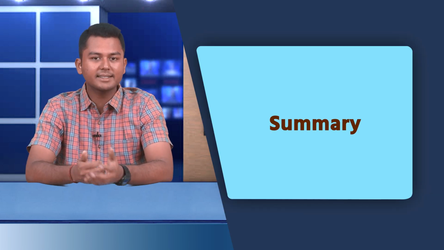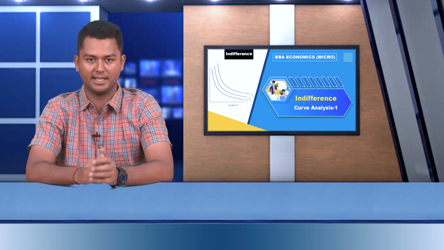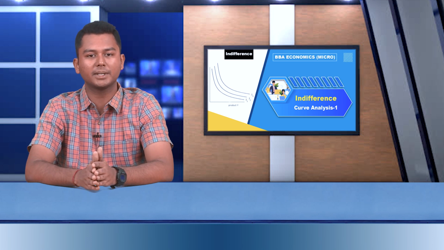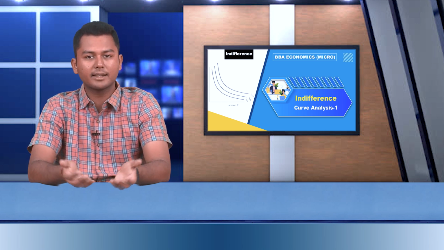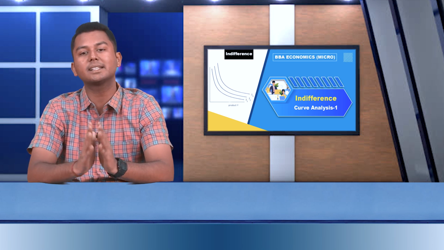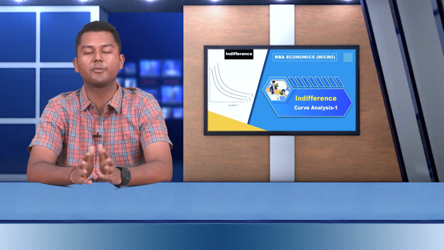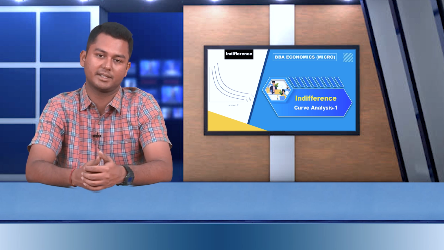Now, if we summarize the session, then indifference curve analysis part 1 that we have seen introduces students to fundamental concepts of ordinal utility, consumer preferences analysis, and other aspects related to it. The ordinal approach represents a major advancement over cardinal utility theory by focusing on preference ranking rather than impossible utility measurements.